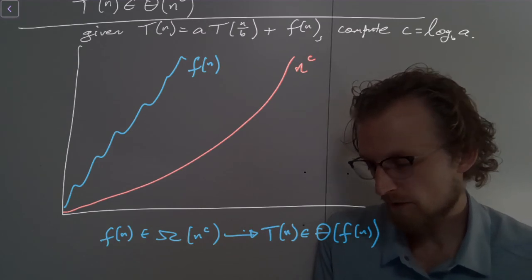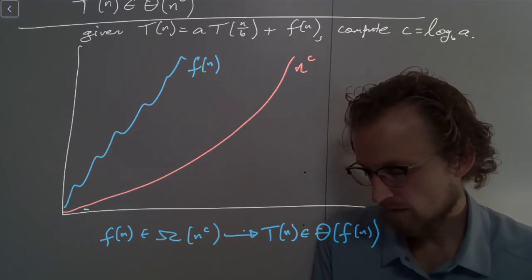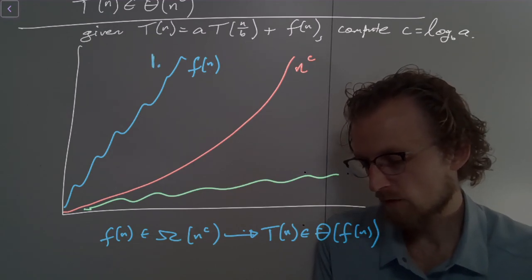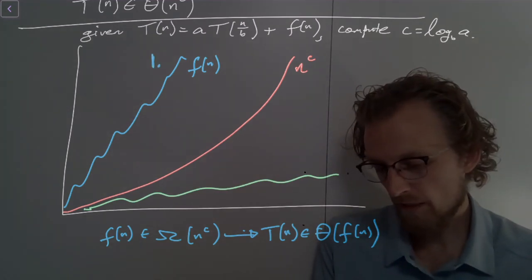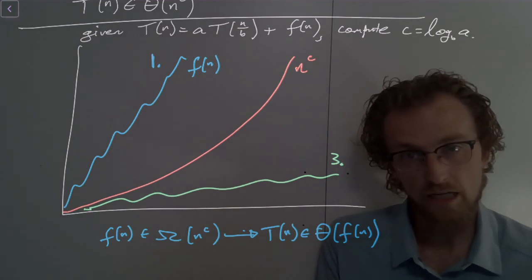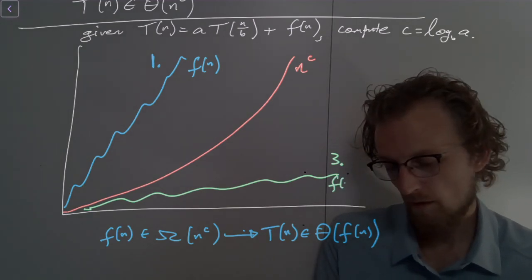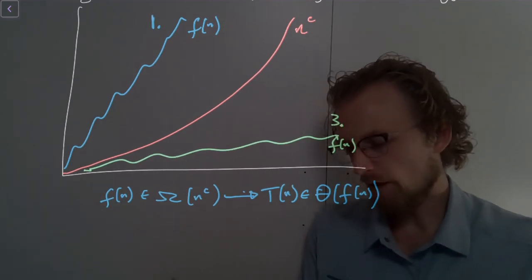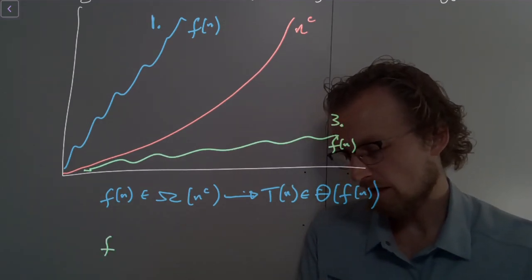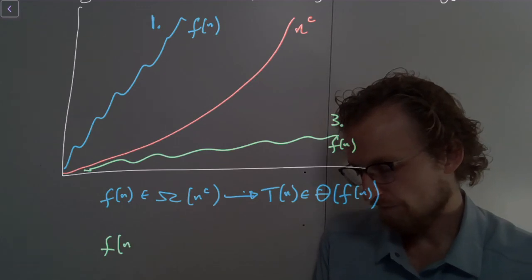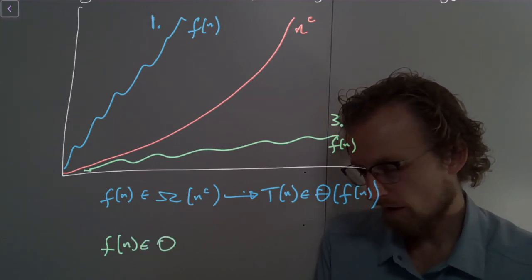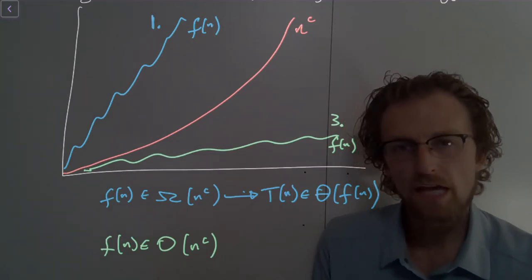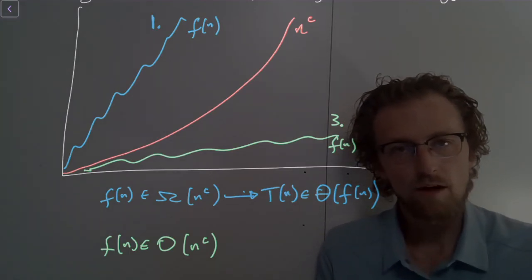Now, suppose you have the situation that f of n is way down here, right? So I'll label this case 1, and I'll label this case 3, because it corresponds to case 3 of our theorem. So this is f of n. What happens if f of n is way down here? Well, this corresponds to the idea that f of n is big O of n to the c. Essentially, that's what this means, that n to the c is dominating f of n.